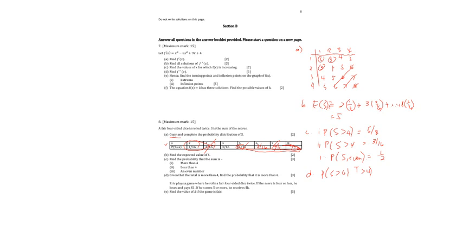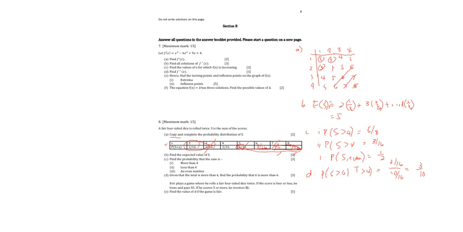Greater than 4? 4, 5, 6, 7, 8, 9, 10. So that's 10 out of 16. And S is more than 6. 2 and 1 here. So 3 out of 16. So this gives us the answer 3 out of 10.